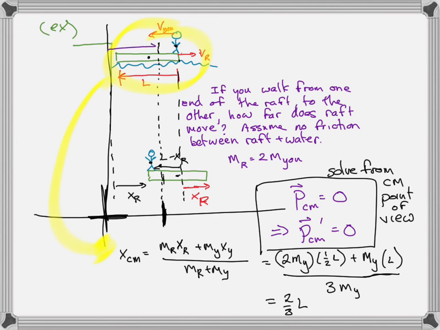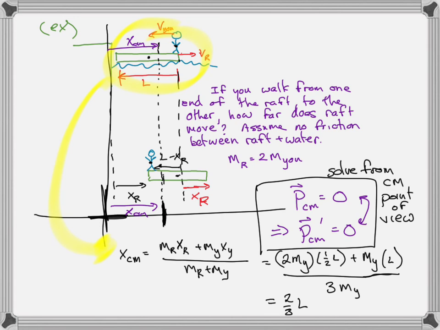The center of mass of the system, x center of mass, is 2/3 of the way along the raft. So that does not change. X center of mass after you move, because the momentum of the center of mass is 0, it starts at 0 and finishes at 0, the center of mass can't go anywhere. Center of mass after you move must still be at 2/3 L.